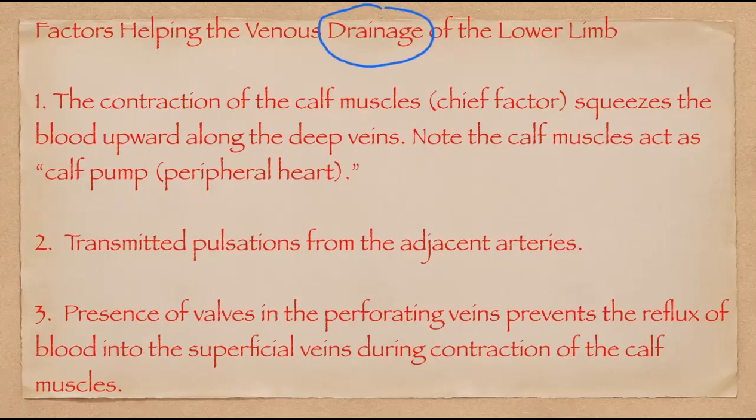There are some factors that help the drainage of the lower limb, because the lower limb veins work against gravity. All the venous blood has to be pumped all the way to the inferior vena cava.